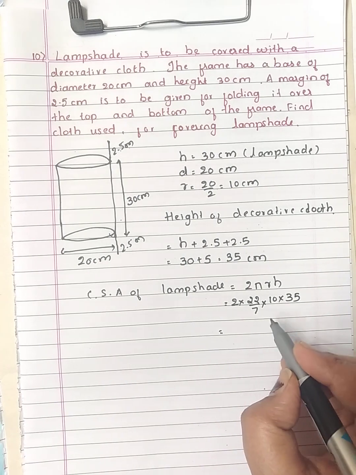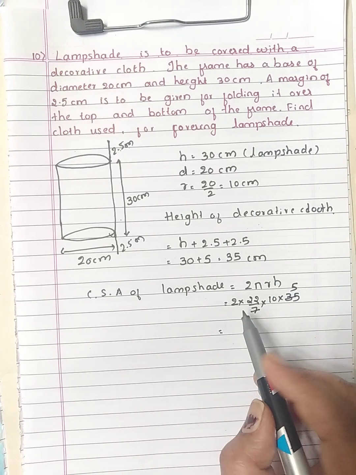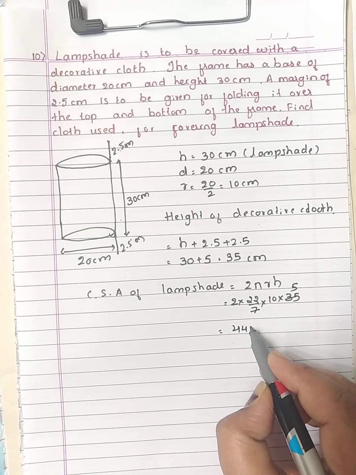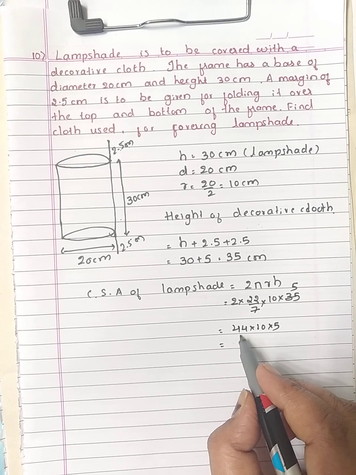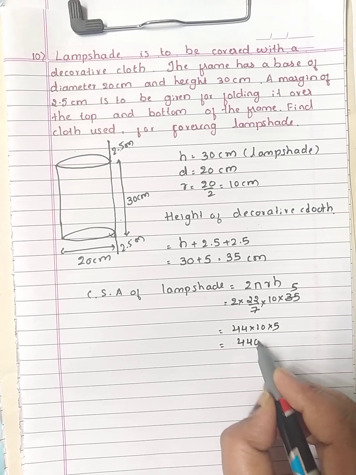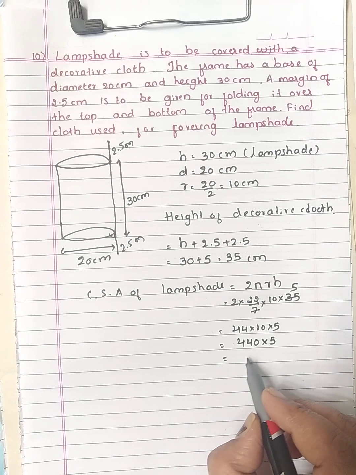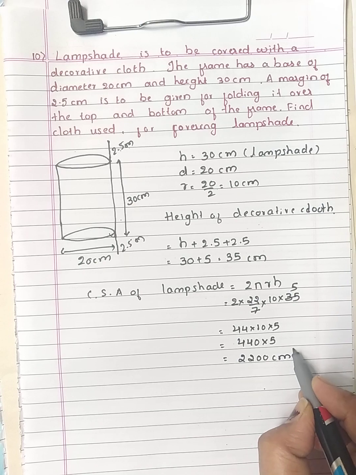Now multiply this. Cancel 7: 7 ones are 7, 5 sevens. 2 into 22 is 44, write 10 and 5. When you multiply 44 into 10, 440 into 5, multiply again, it becomes 2200 centimeter square.